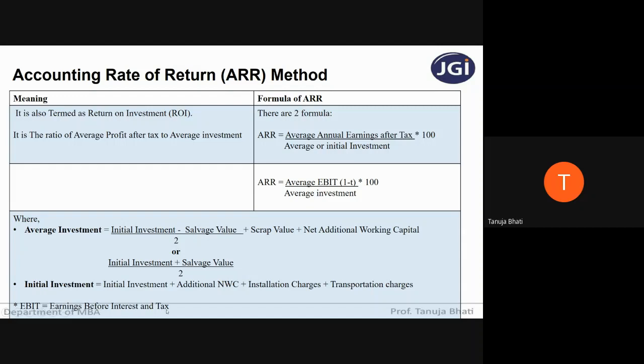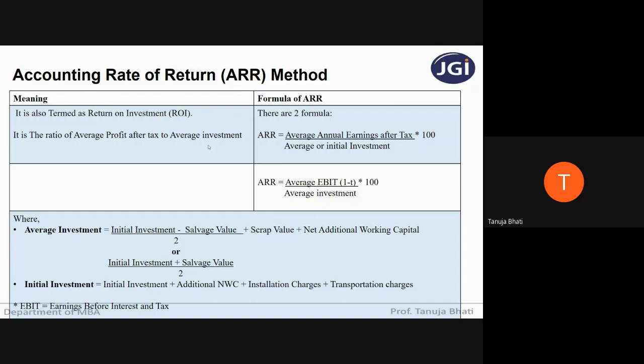Before deducting interest on debentures or bank loans from your earnings, and before deducting tax, whatever earnings there are, it is called EBIT, that is earnings before interest and tax. So basically, accounting rate of return will help you know what your return is on the initial investment that you have invested.